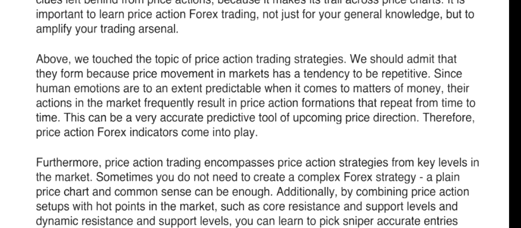Let's say now, for the past 6 months, the highest price for USD ZAR was 12.99, and the lowest price was 11.05.